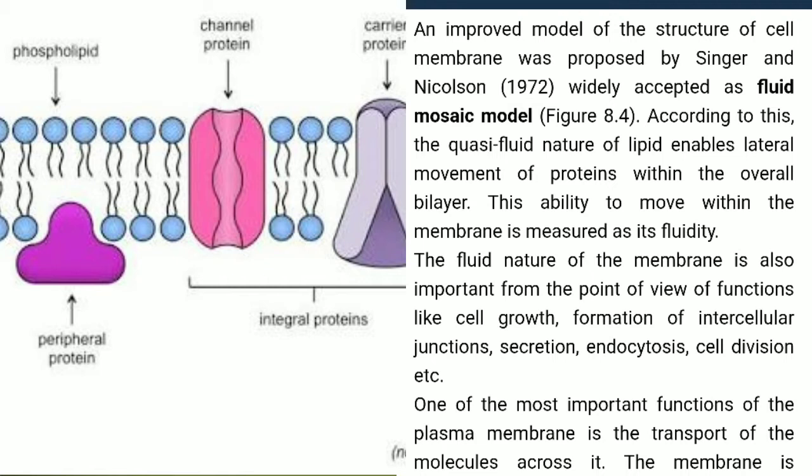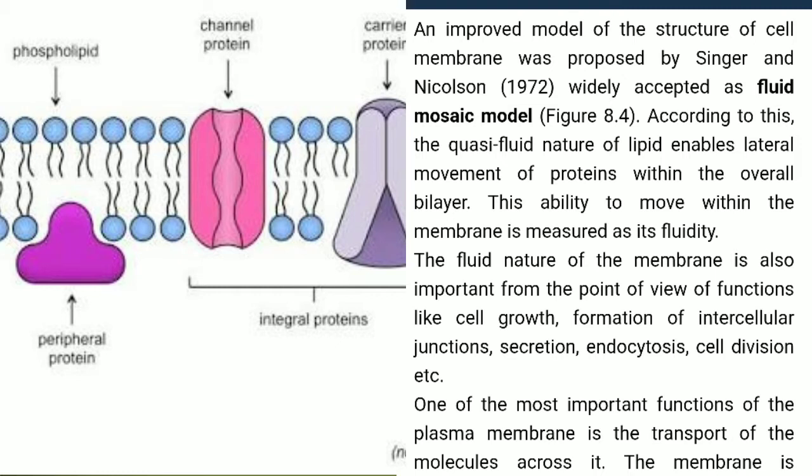They call this fluid because the biomembrane is not a solid structure like that of the cell wall. Here it is a viscous fluid, slightly like a jelly-like or gel-like layer.